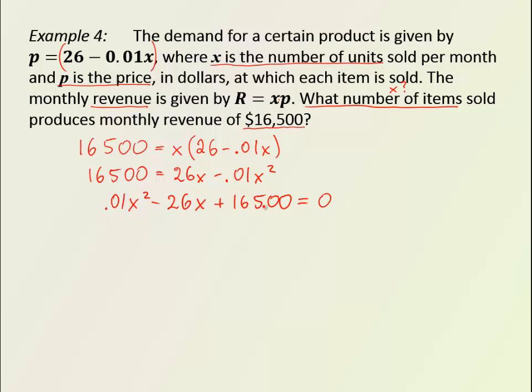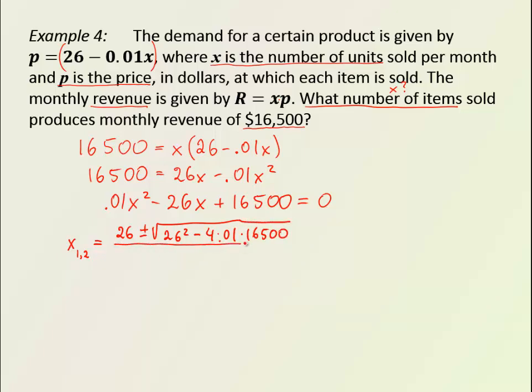So we have a typical quadratic equation, and because the coefficients are not very friendly, we are going to use the quadratic formula to solve for the roots. So if I start with x, since I expect two roots, I can write subindexes 1 and 2 equals negative b, 26, plus or minus square root of b squared, 26 squared, minus 4 times a, which is 0.01, times c, which is 16,500.